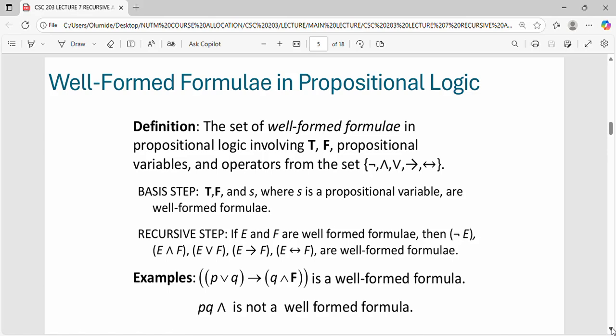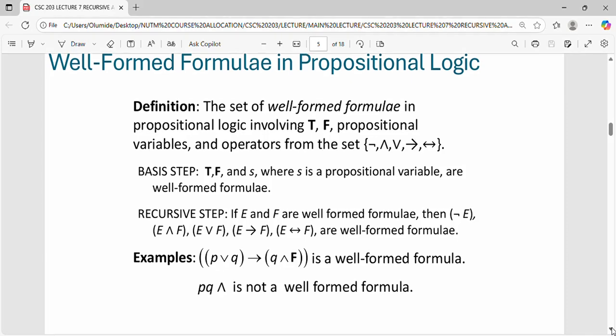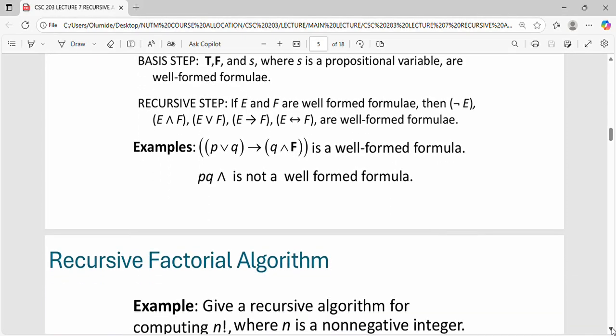They are well-formed formulae. So for example, we can have this, which is not new to us: P or Q imply Q is a well-formed formula. But if we have a case of PQ, there's no conjunction, there's no disjunction, there's nothing bringing them together, so it's not well-formed. So that's just an example of well-formed.